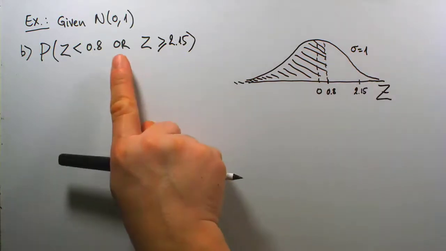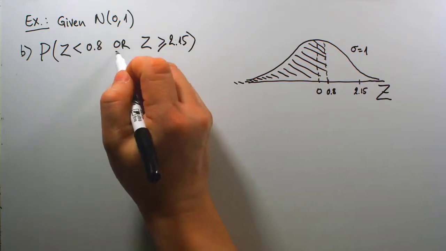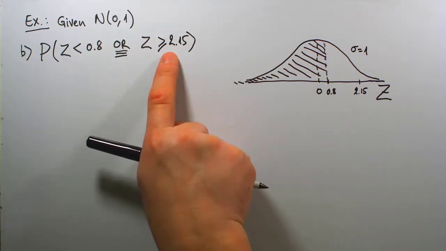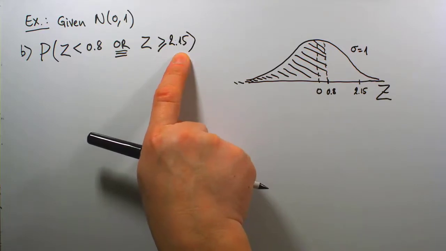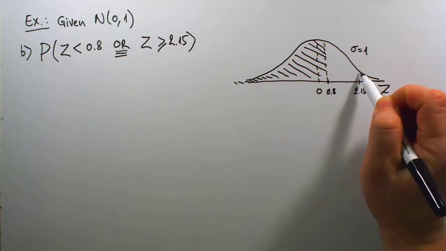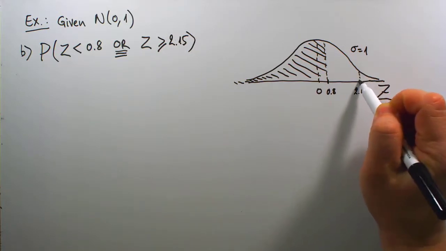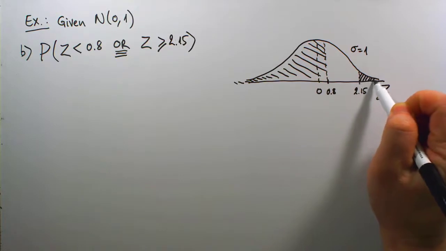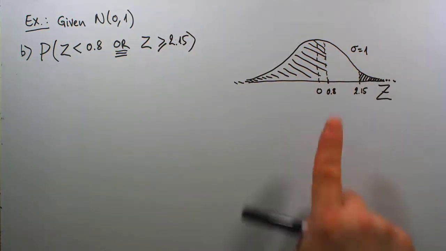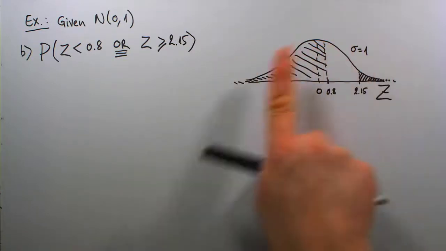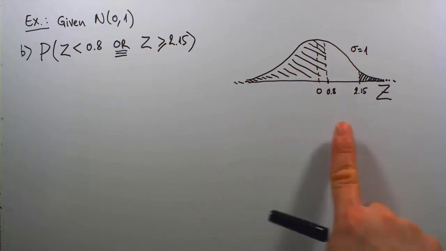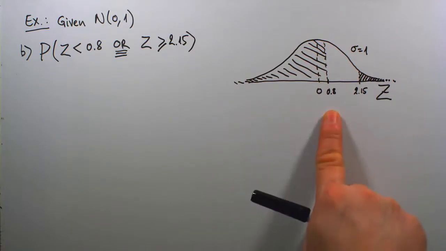And additionally, this probability problem is looking for a z-score anywhere greater than or equal to 2.15. And so that inequality immediately translates into a shaded area to the right hand side of 2.15. And so once again, looking at this picture, it is obvious that we are working with disconnected areas.